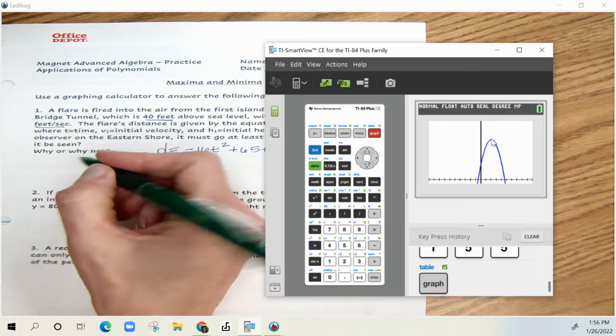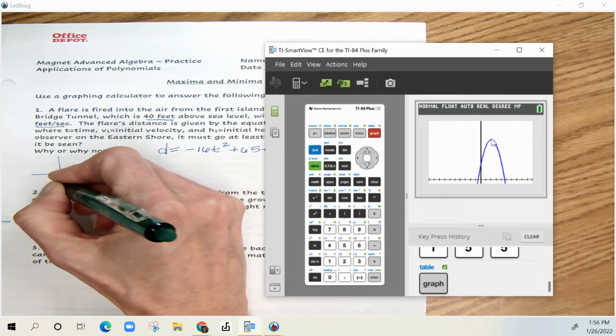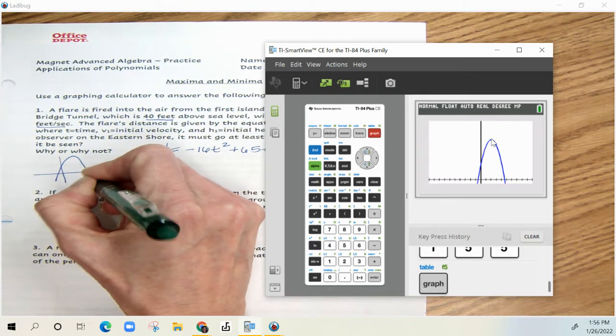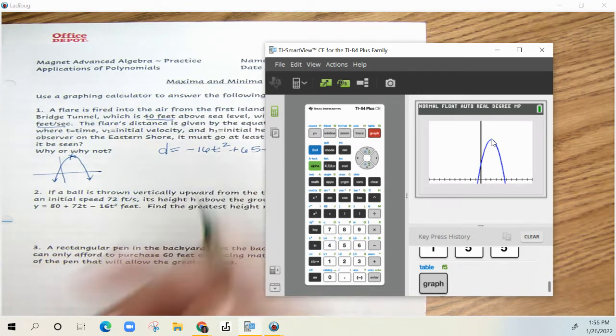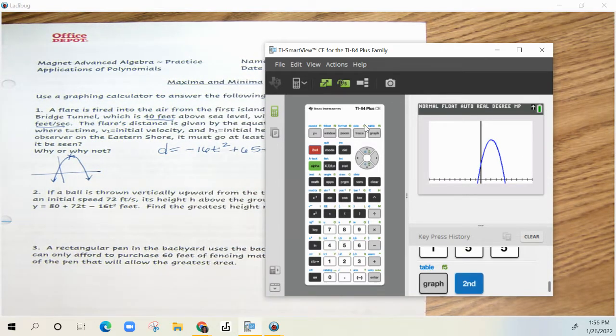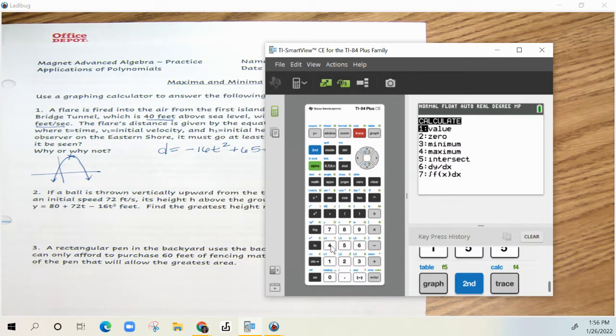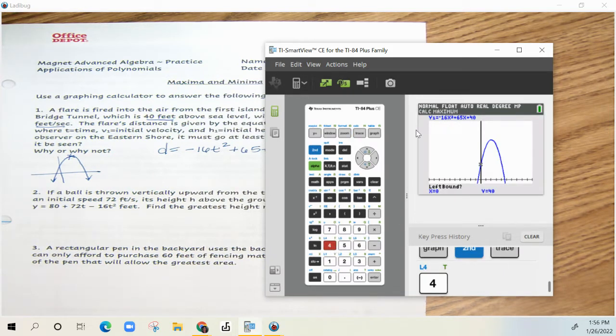Okay, so as long as I can see the maximum, that's what I need. So on my paper, I'm just going to do a quick sketch of the situation, and I am looking for this point right here. So I'm doing second, trace, maximum. It asks for a point to the left of the turn, hit enter, a point to the right of the turn, hit enter.